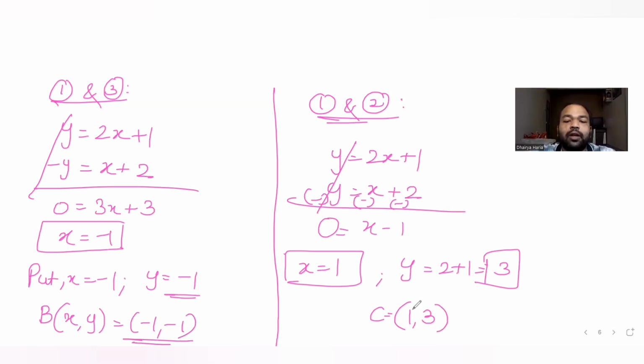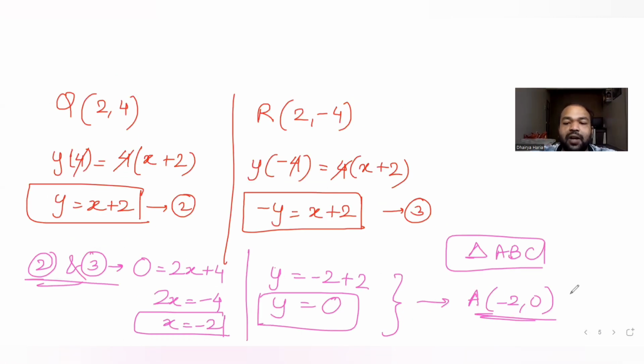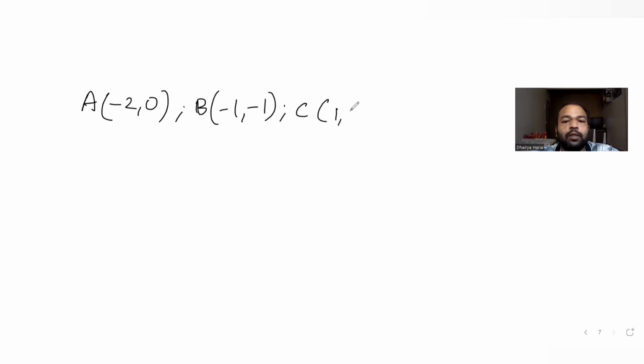So now once we get all the three vertices, we can find the area of the second triangle which is asked to us. So I get the three vertices by points of intersection. A is minus 2, 0. B is minus 1, minus 1. C is 1 and 3.